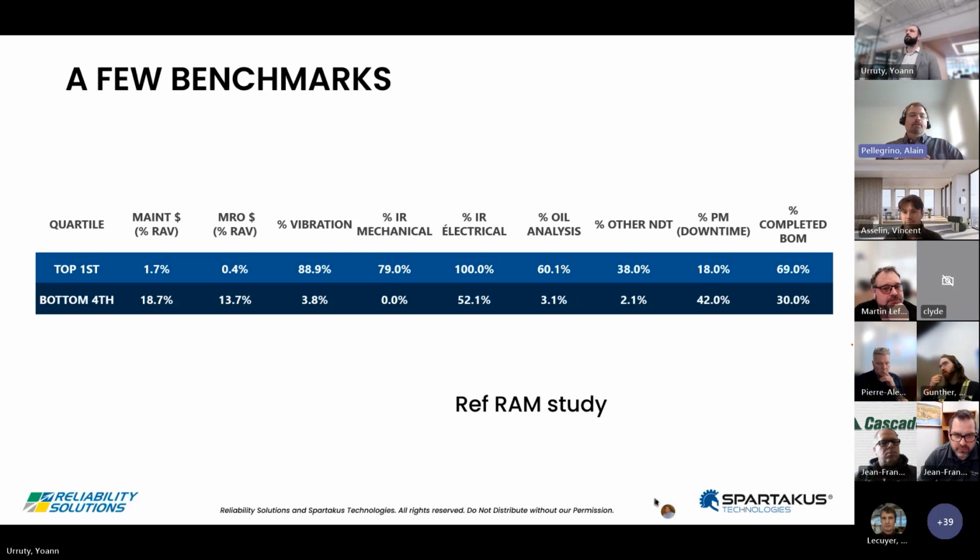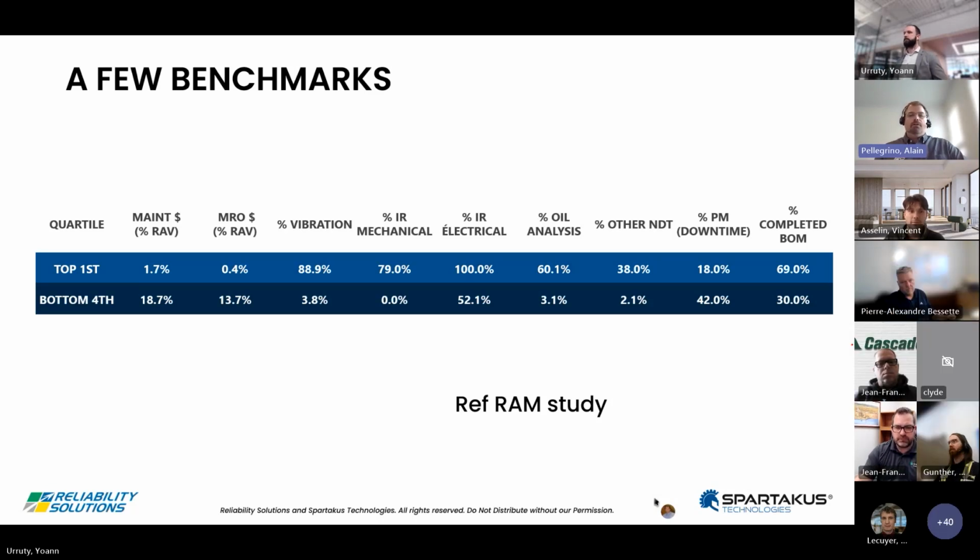So they rank each facility that they audit on a scale of 1 to 4, which is the top quartile would be top first, the best performance, and then the laggard in that same industry would be bottom fourth. So if you look here, the top first quartile, they are the best performer. I don't want to go too deep in the details of each, but let me just give you some insight, right?